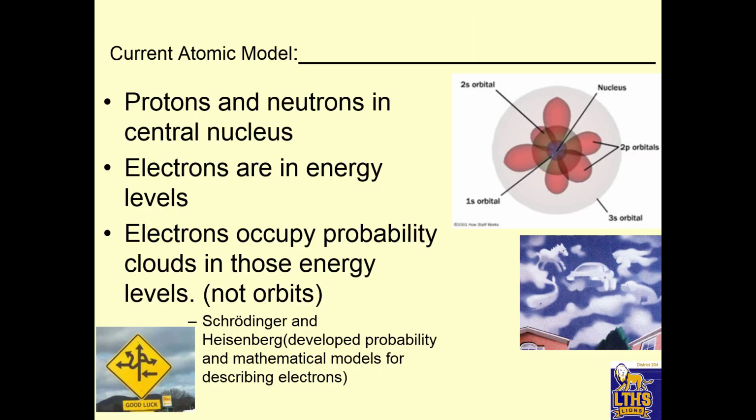And so using all that kind of information, scientists were able to determine stuff about the atom. And now we have a current model of the atom called the quantum mechanical model.